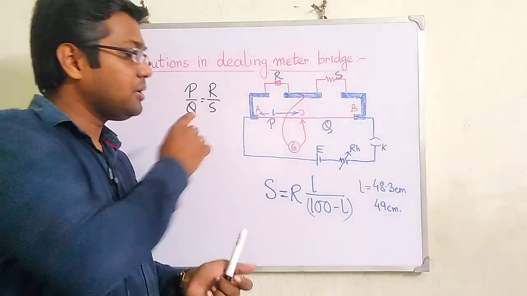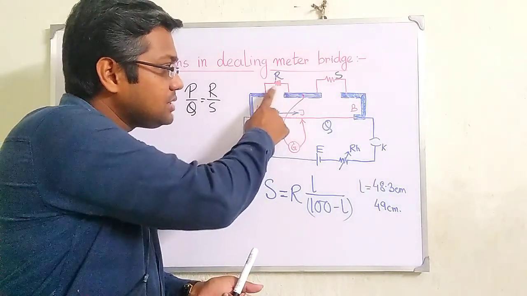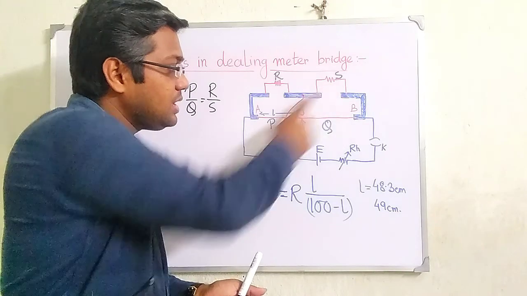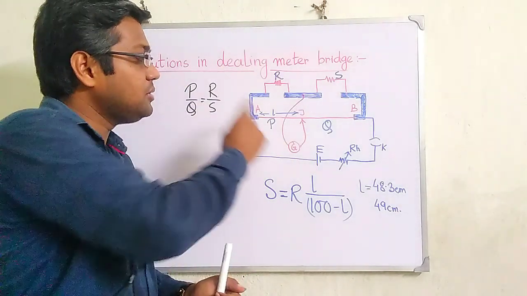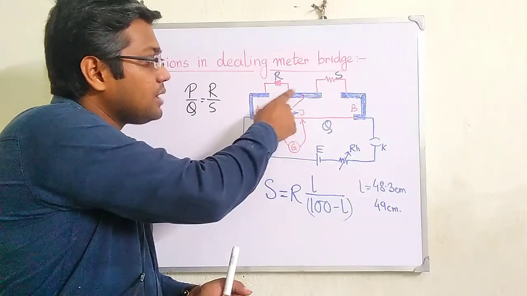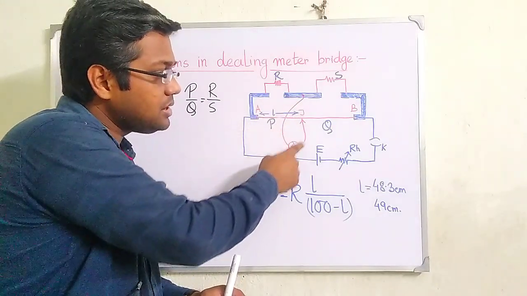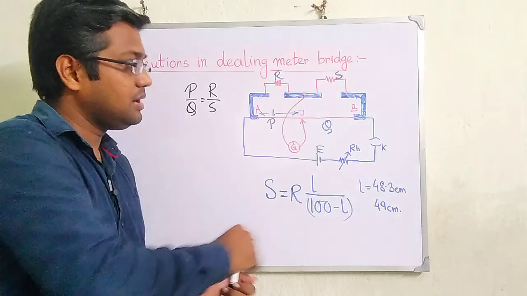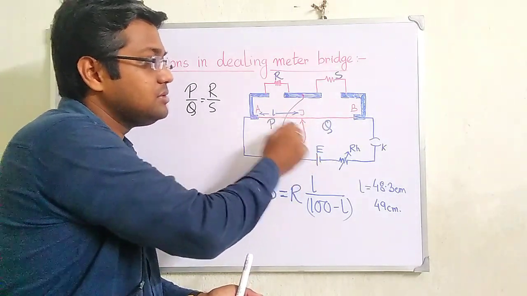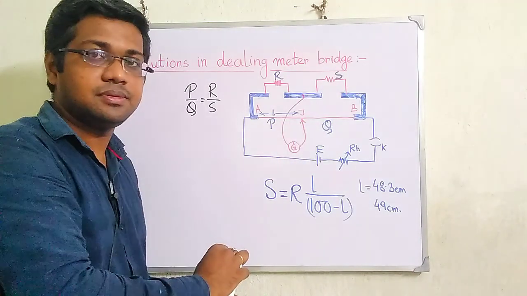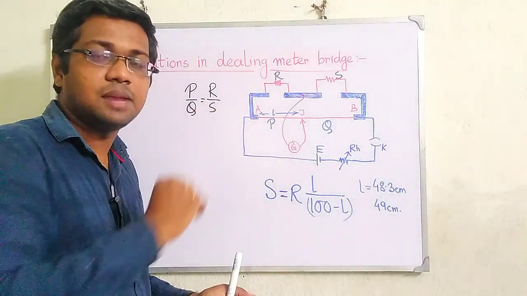In this circuit, here is R, S, P, and Q. Using this galvanometer and this jockey, you have to find out where the galvanometer reads 0 along the length of the wire, and that is the null point.